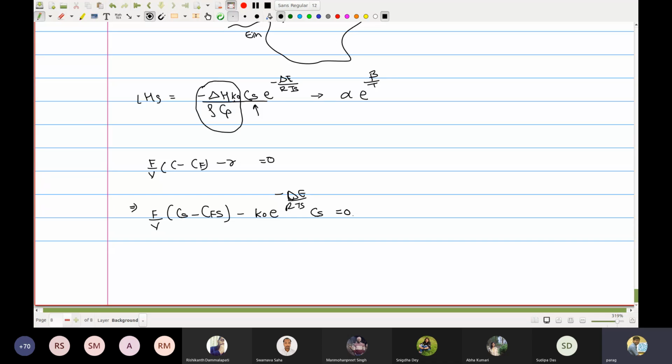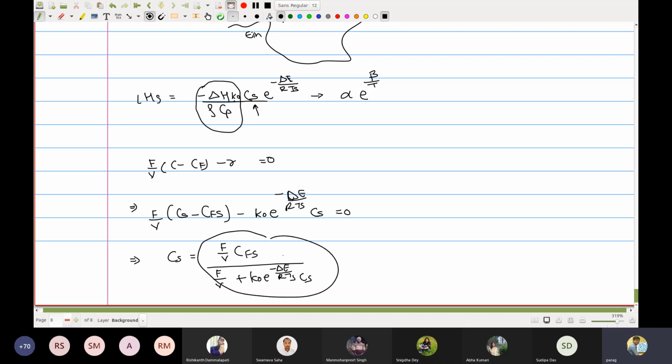And this would be equal to 0. Which means that C steady state, let me write here if I am correct, is F by V C input divided by F by V plus K0 e to the power minus delta E upon R T steady state. And this is what I will plug in here.